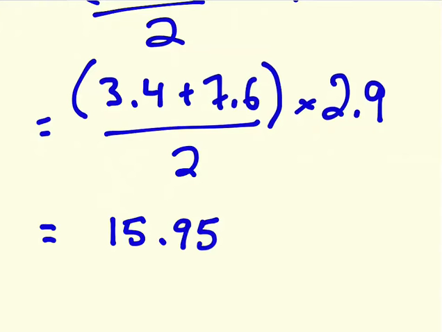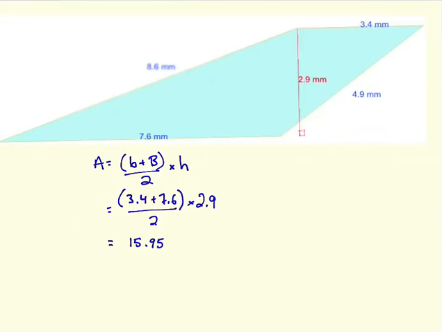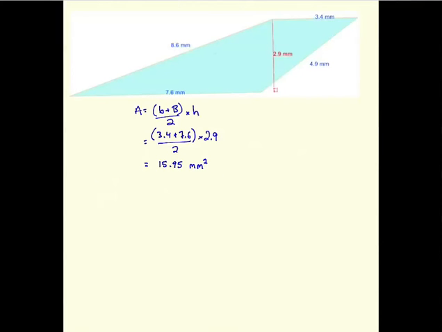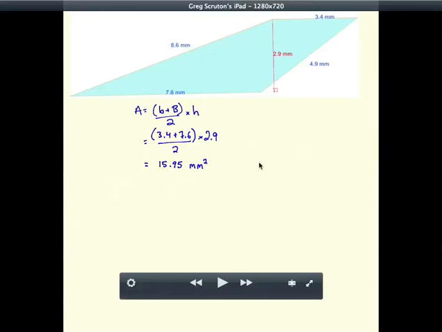And what are our units? Millimeters. So this is a little tiny trapezium. Okay, so let's look at the big picture. All right, so the first thing we do is we write down our formula. Always write the formula down.